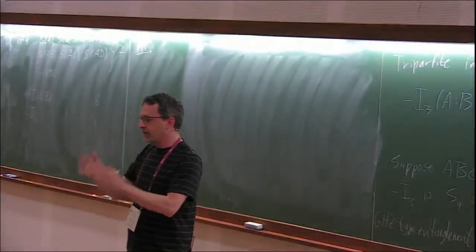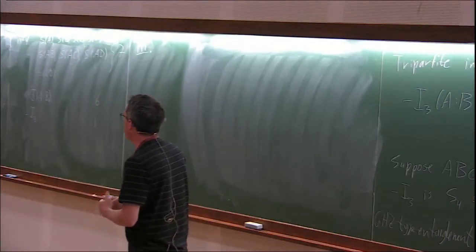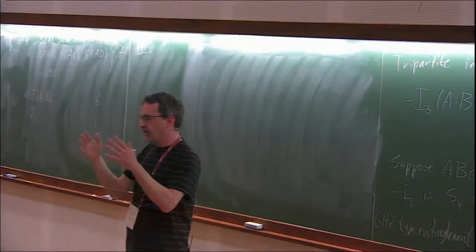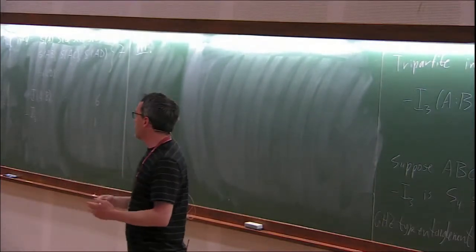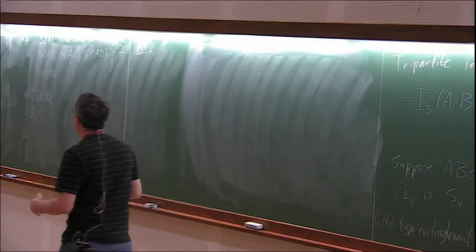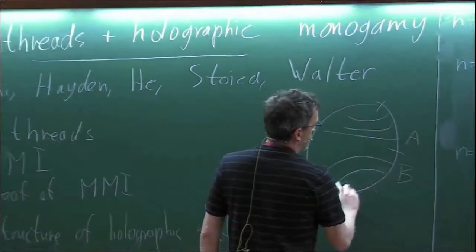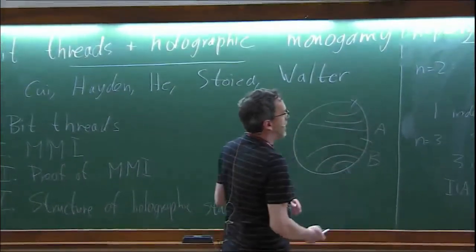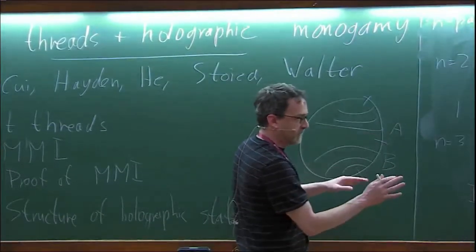If you want to prove strong subadditivity, you need this so-called nesting property, which says that if you have two regions A and B, there exists a thread configuration which maximizes the number of threads coming out of A and A union B. Not the number coming out of A and the number coming out of B. That doesn't exist in general.